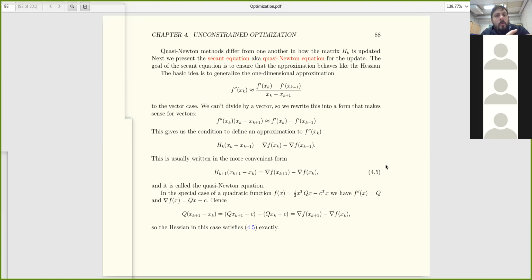We can go with what we were discussing already in the univariate case, the secant method. And now we're just generalizing it into these multi-dimensional, vector things.